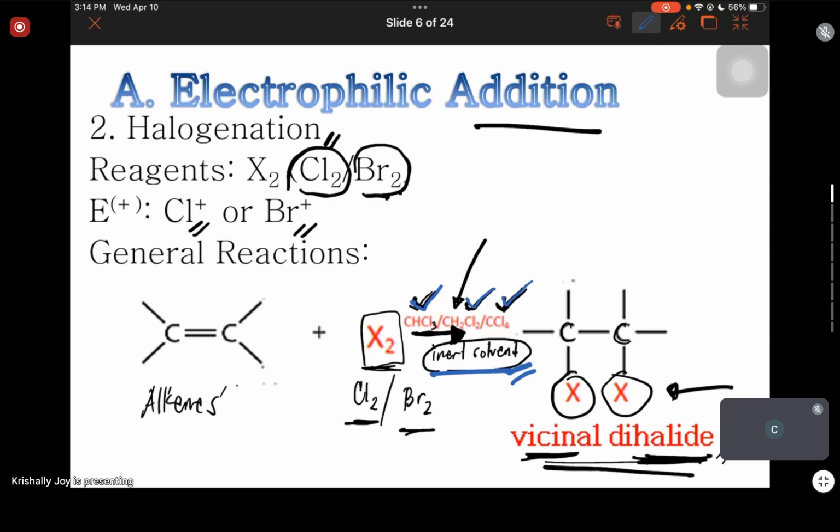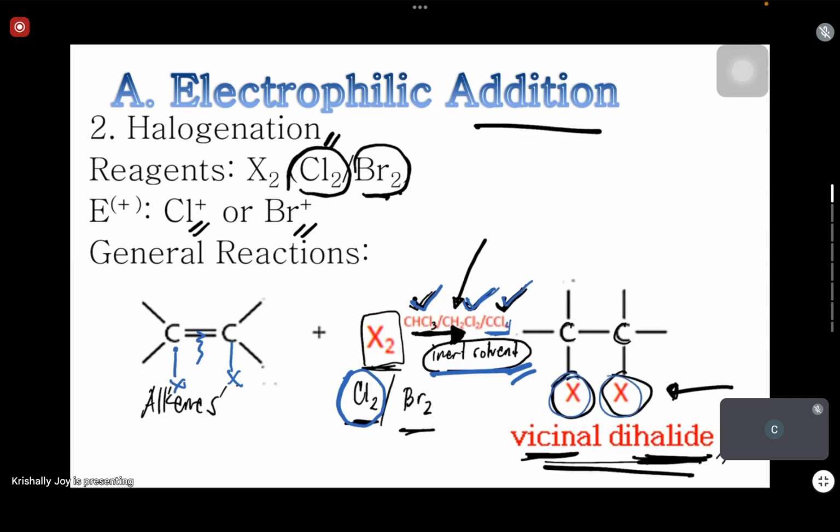Okay, so just take note of these two types ng solvent na pwedeng gamitin upon halogenation ng alkene. Kung pagtingin nyo sa reaction, okay, halogenation, tapos may kasama siyang carbon tetrachloride or chloroform or dichloromethane, automatic, dalawang halogen yung i-add mo upon breaking the pi bond. So, vicinal dihalide yun.